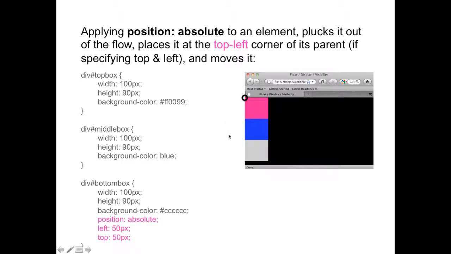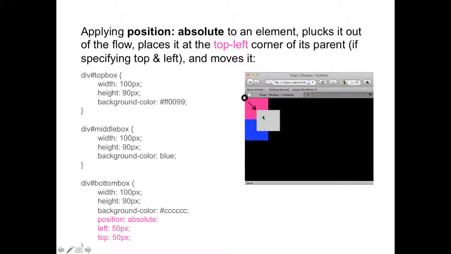Because the body element is the parent of all elements anyway, the parent of the gray box. So the gray box being plucked out because of the position absolute looks for the top left corner of its parent, positions itself there, and moves from there.